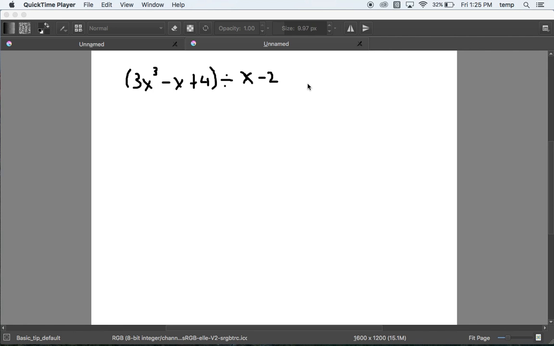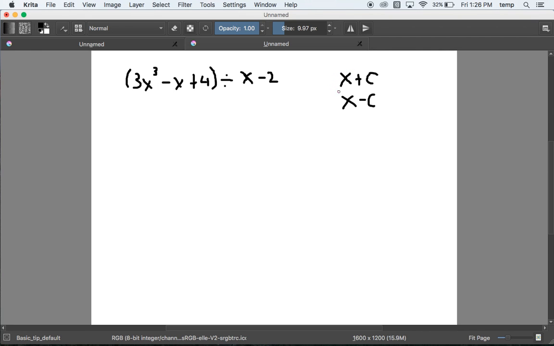And for synthetic division to work, the divisor has to be in the form of x plus c or x minus c, where x could be any variable, right? This could be a q or a z or whatever, and it would work. But what I want to point out is that x is not raised to a power, and there's no coefficient on x.